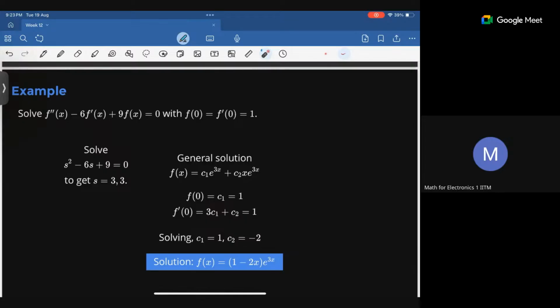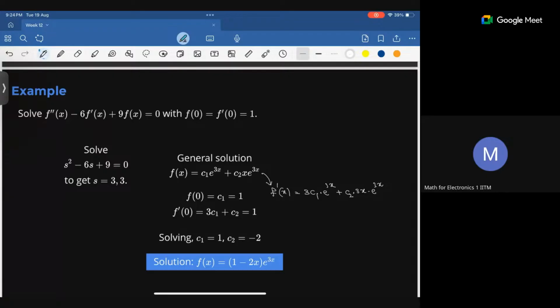And if I take the derivative of this, f prime of x, which will be 3c1 into e power 3x plus c2 into 3x into e power 3x.